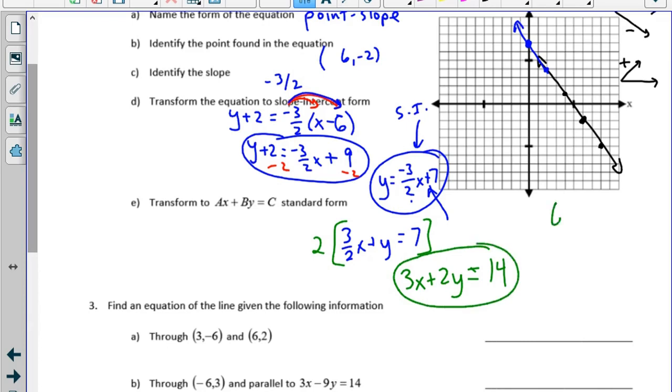I also could have many other standard form equations of this with various multiplying effects. So 9x plus 6y equals 42 is also an equivalent form. It's just not as clean because the numbers are bigger.